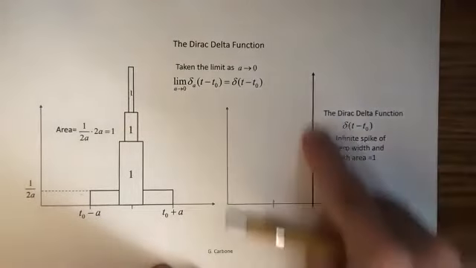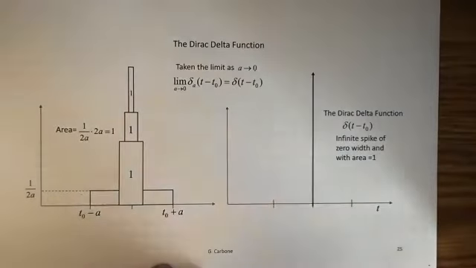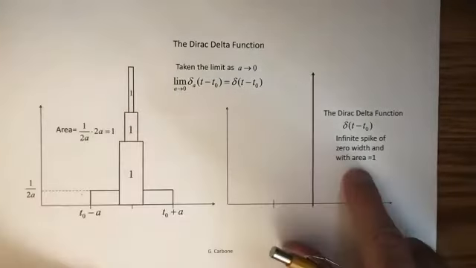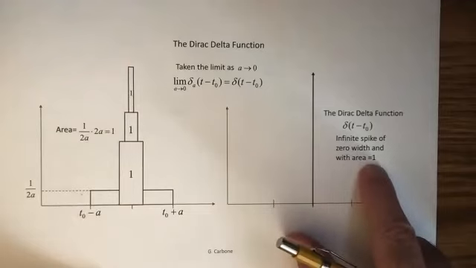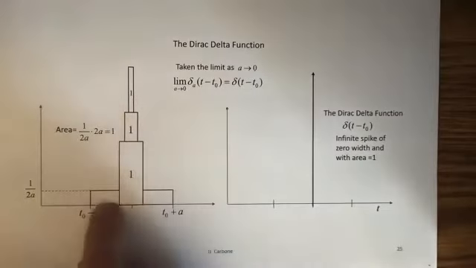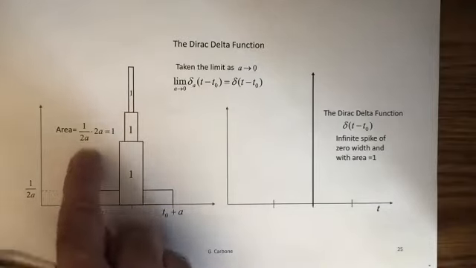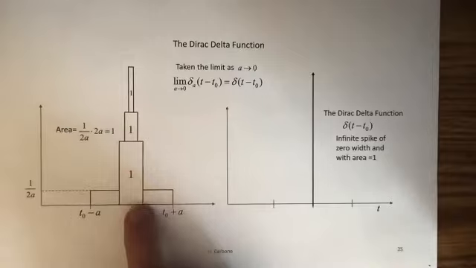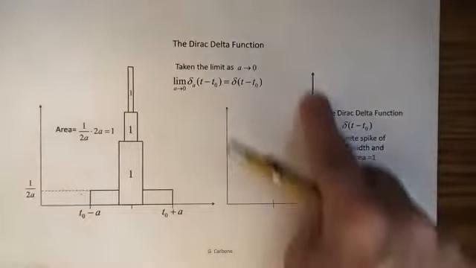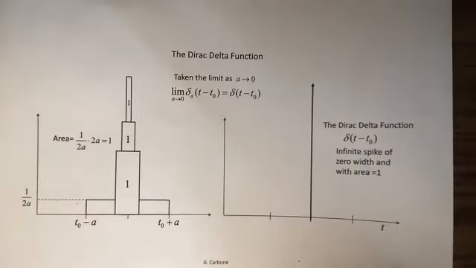It's kind of weird, right? It has area 1, but the spike is infinite and the width is 0. Because we keep shrinking a, it gets narrower this way and higher this way, so eventually it approaches infinity this way and 0 this way. So you get this infinite spike. That's the idea behind the Dirac delta function.